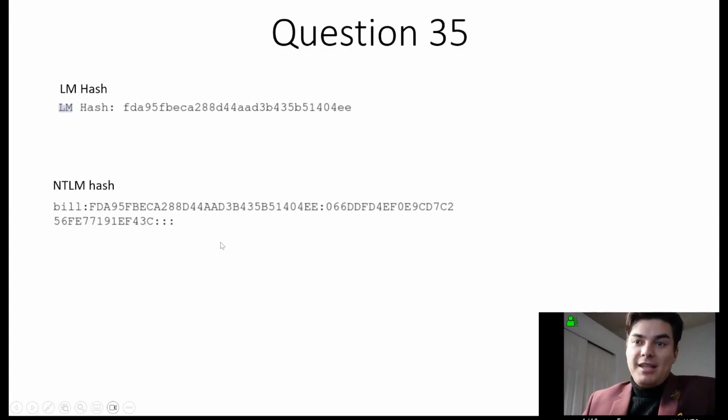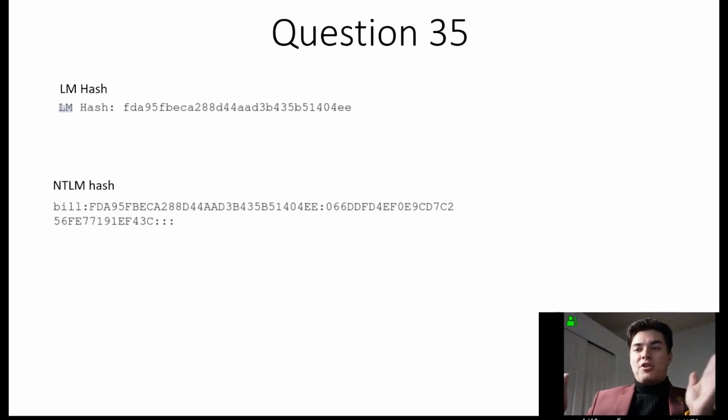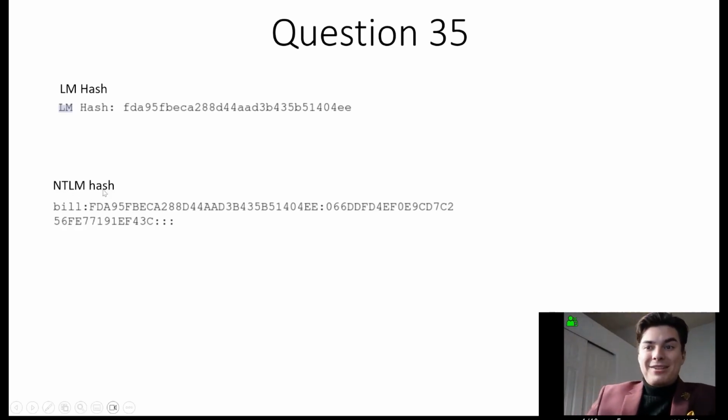As you can see, the LM had a lot of weaknesses because the length could only be 14 characters or less than 15 characters. So they updated it to this newer hashing algorithm for the NTLM. However, the issue is that it sits right next to the LM.